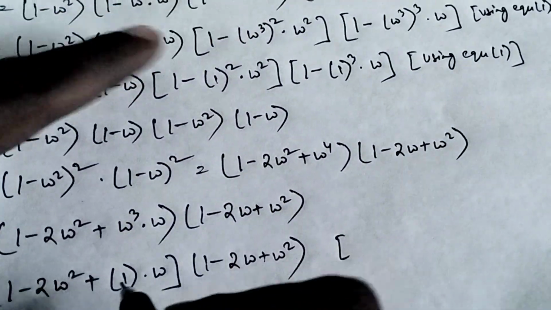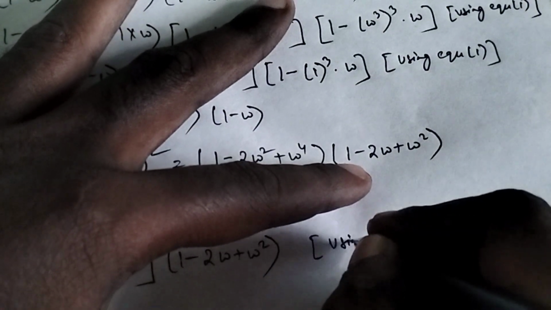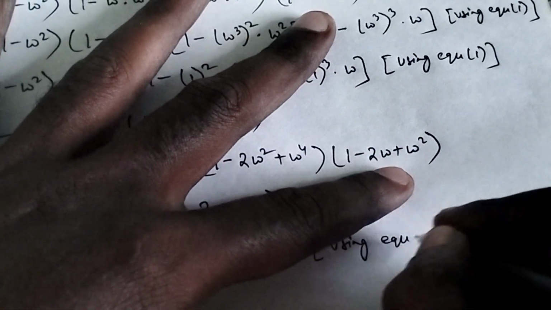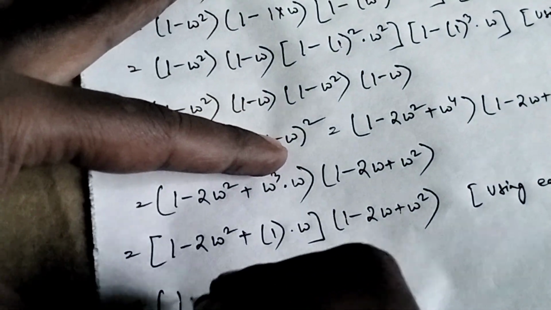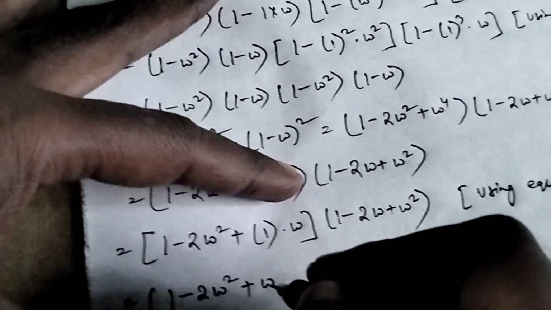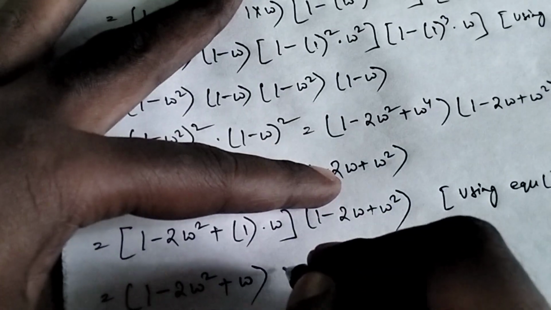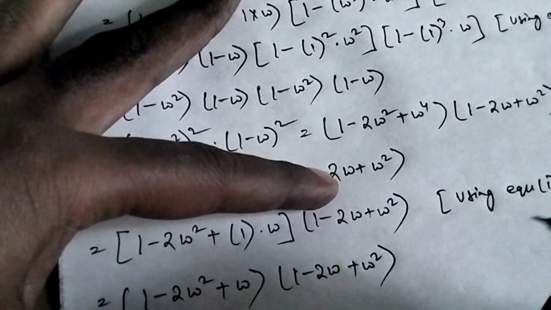Here again we got this 1 using equation 1. So this will be 1 minus 2 omega square plus omega, and 1 minus 2 omega plus omega square.